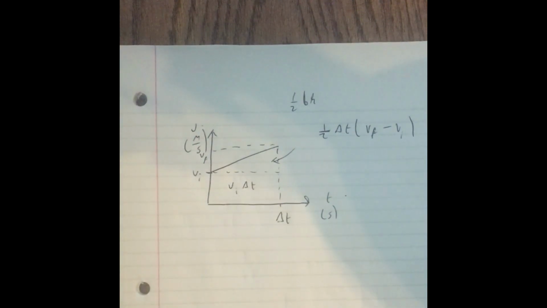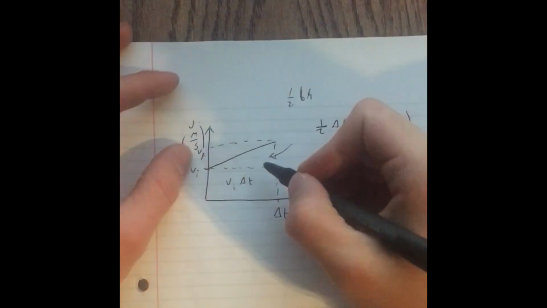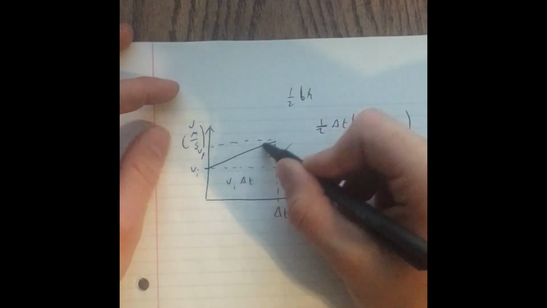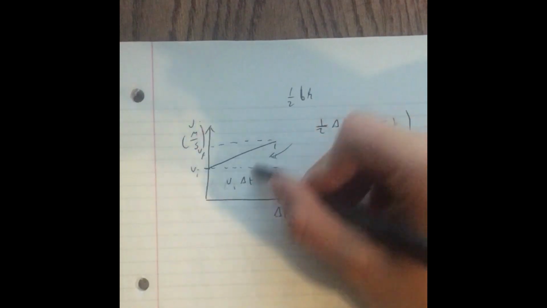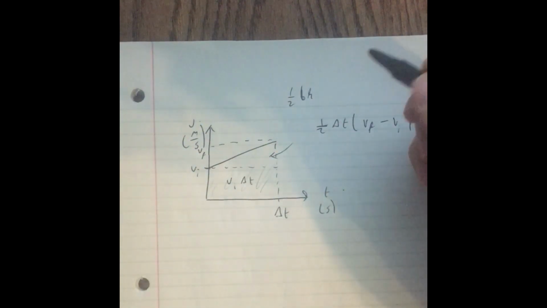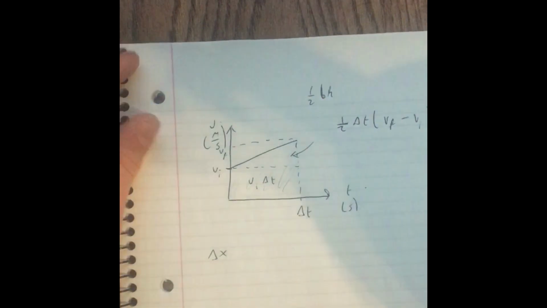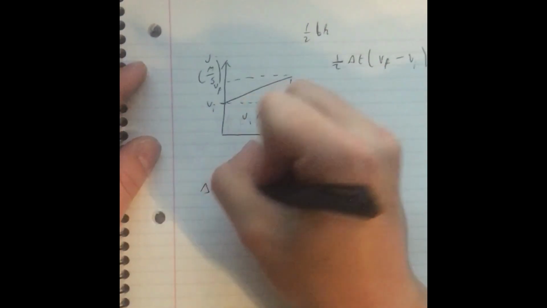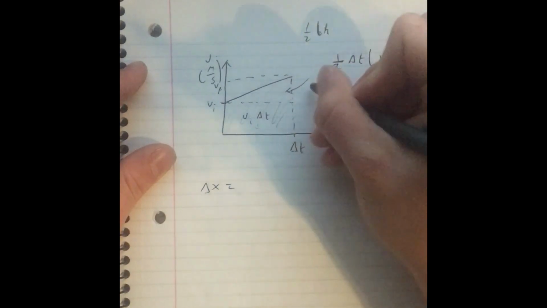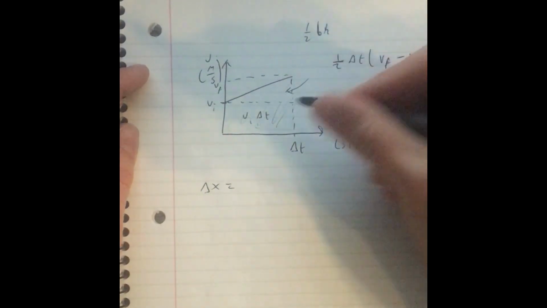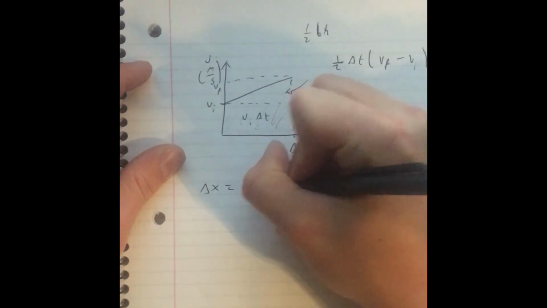Okay, so now we know that the area under a velocity graph is going to be displacement. So we can say displacement, change in x here, equals the sum of these two, because that's just finding the area under the graph.